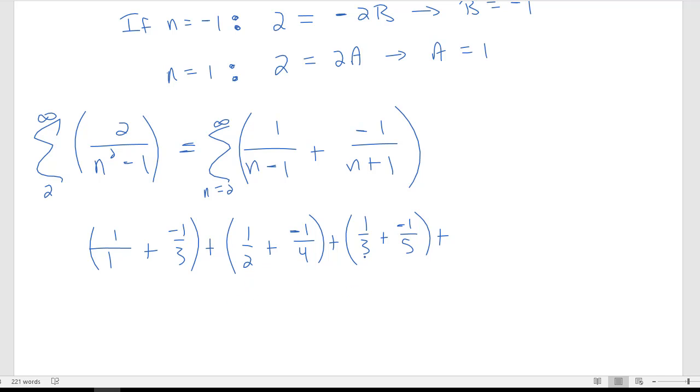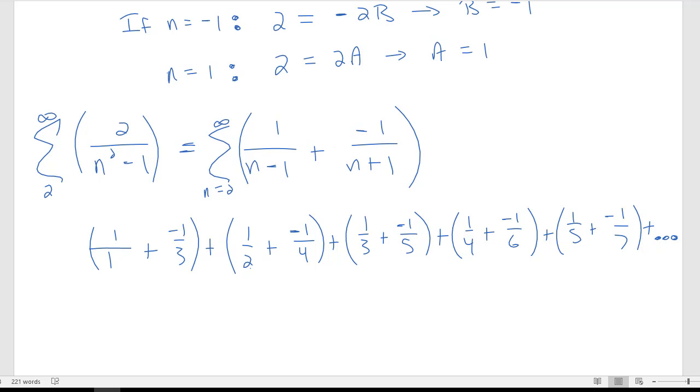And then this is 3, this is 1 greater than the half. This is 3, and I jump 2 to get 5. You can see that pattern with n minus 1 and n plus 1 in the denominators here. So I would have 1/4, negative 1/6, and then 1/5, negative 1/7, and plus dot, dot, dot.